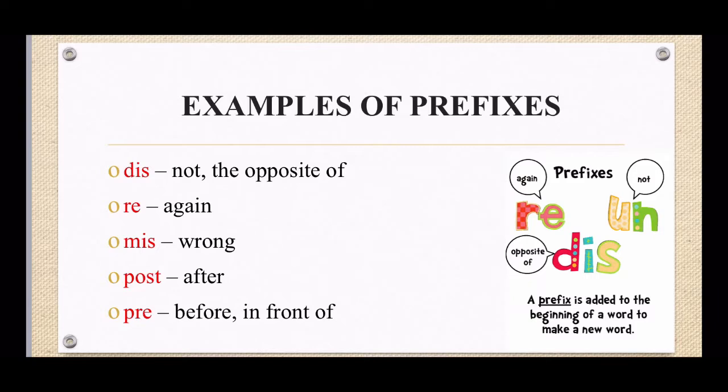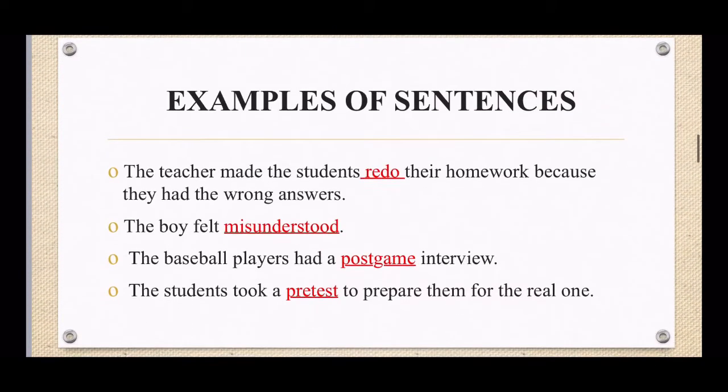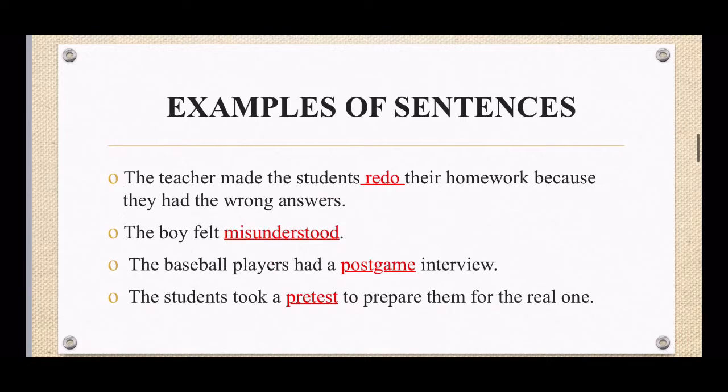I'm just quickly going to read through these because you already learned it and it's already in your book. An example of a sentence using a prefix: the teacher made the students redo their homework because they had the wrong answers. So here we can see we use the prefix re.